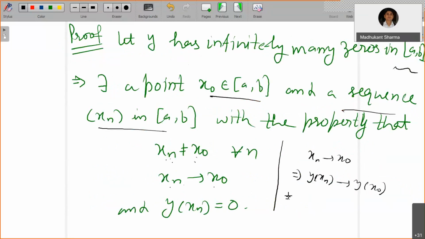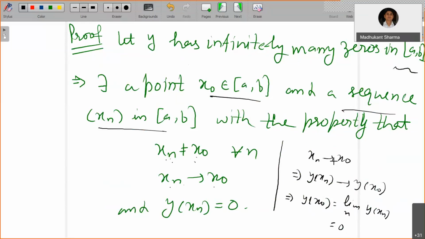So y at x0 is nothing but the limit of y at xn, but each y at xn is 0, so y at x0 is 0. Now since it is twice differentiable, the first derivative is also continuous.